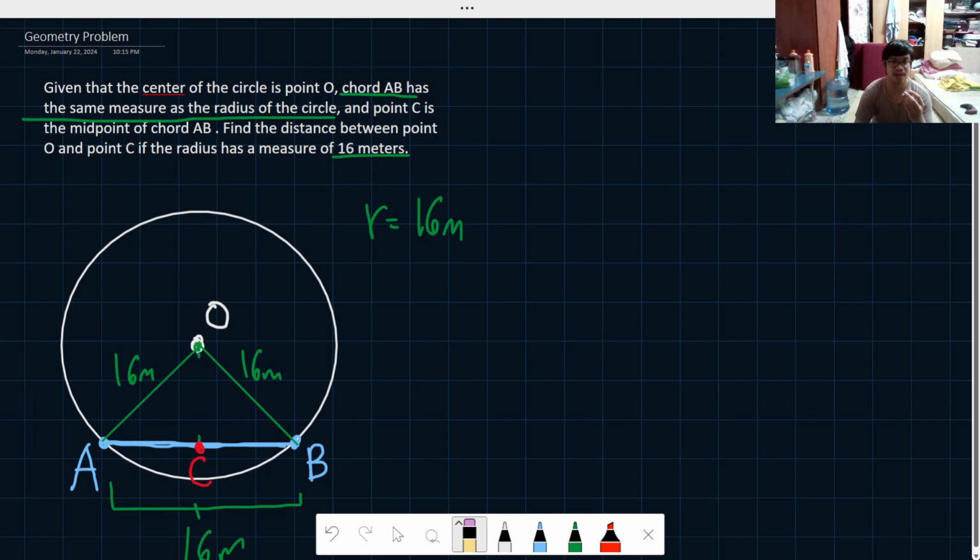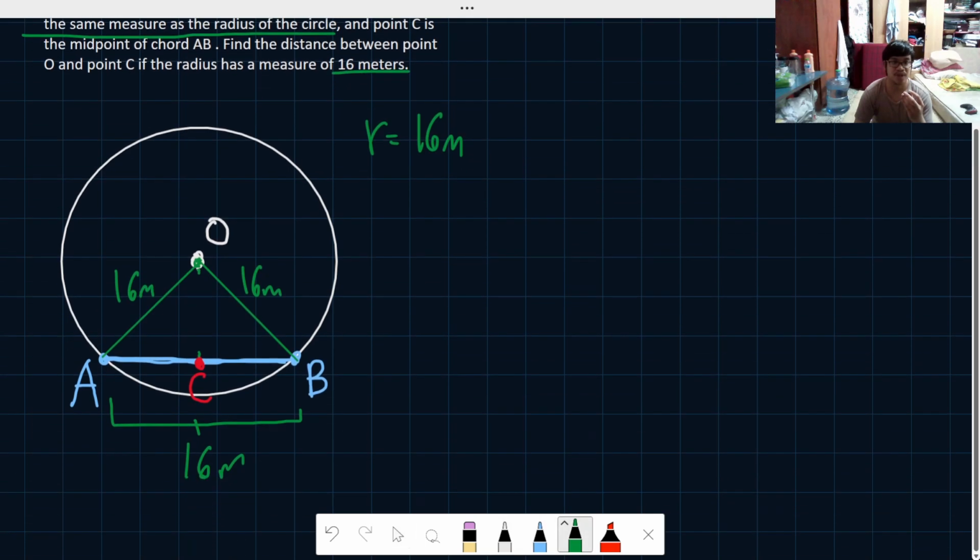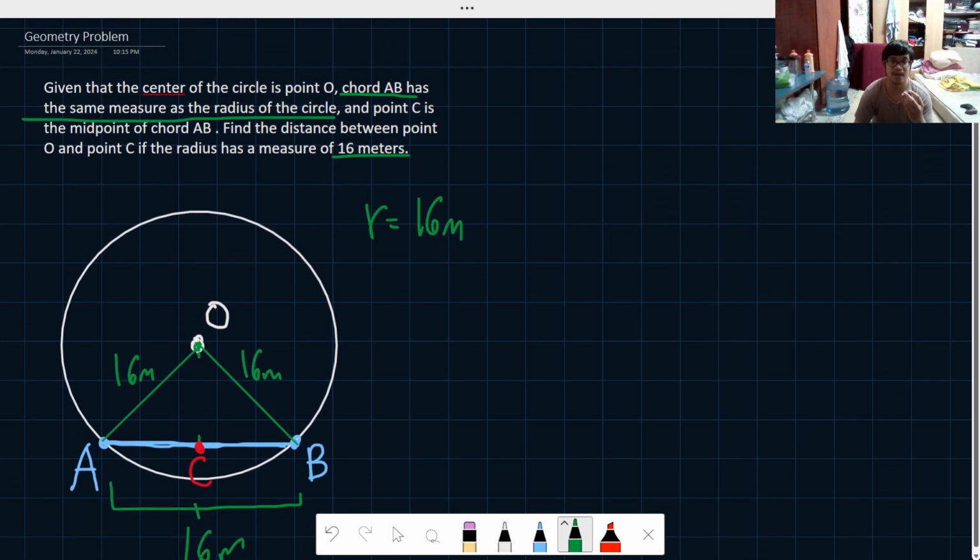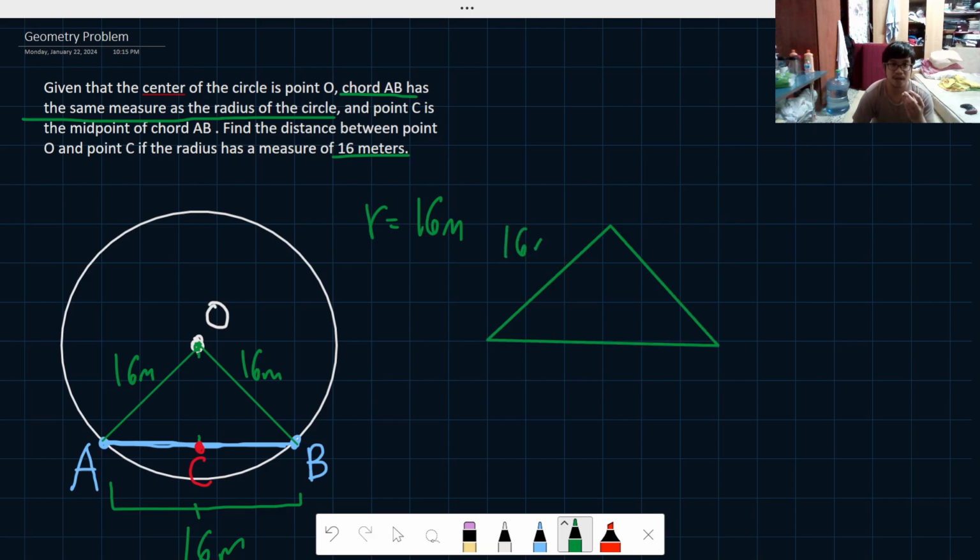So let us draw a triangle that represents this. Like this, wait, no, like this and like that. Okay, we have a triangle, and the sides are all the same. All of them are 16 meters.